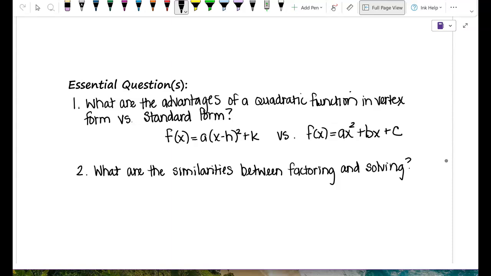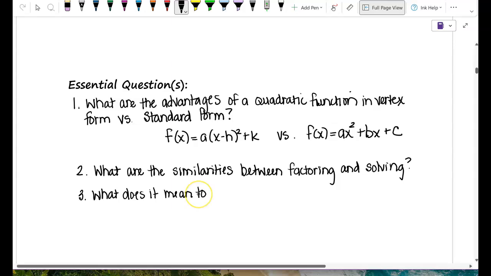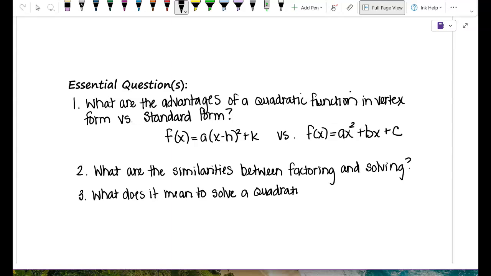And then the third question, which is really one of the most important: what does it mean to solve a quadratic equation? So again, these are the things that you should be able to answer by the end of this unit.